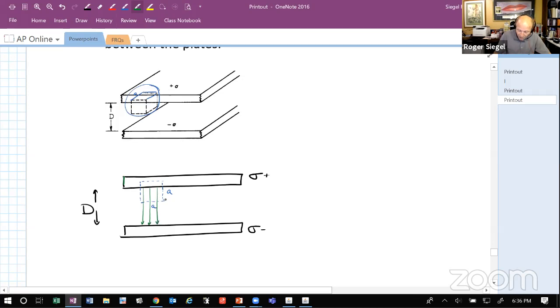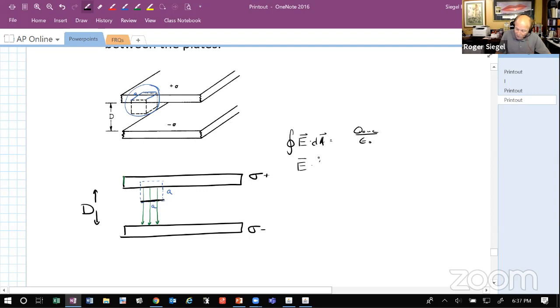So when I use Gauss's law and I say, what is the flux? Well, the flux is the integral of E dot dA vectors, equal to the enclosed charge divided by epsilon naught. So let's apply that. Once again, we can bring the E out because it is uniform, and it is only going through this bottom surface.